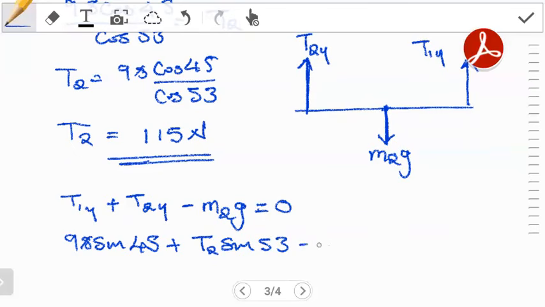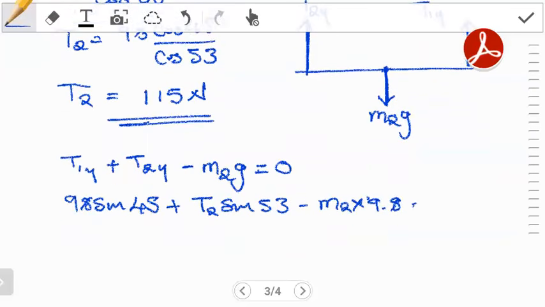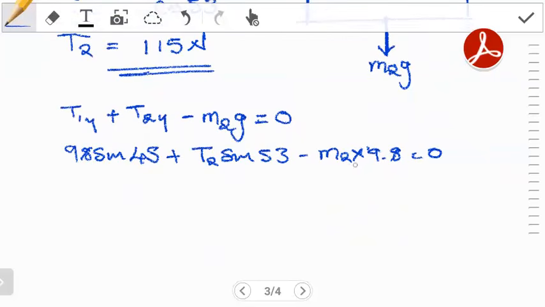So we don't know what m2 is, but we know g is 9.8, so that's times 9.8. From here, these are equal to 0. So we want to make m2 the subject of the formula. So this is going to be 98 sine 45 plus, we've already found T2, so we can substitute it.